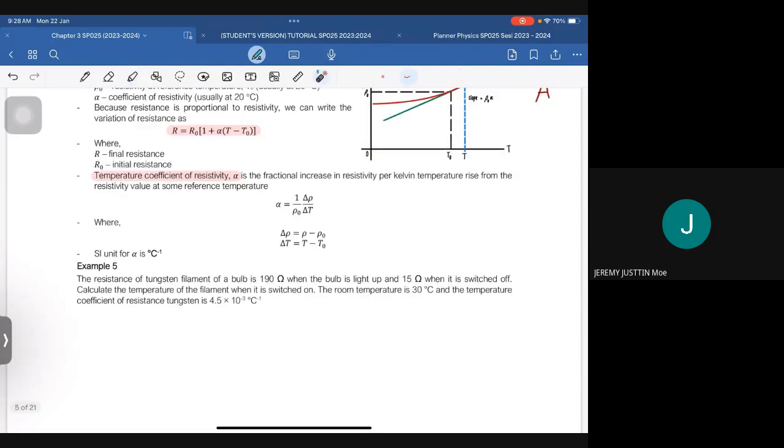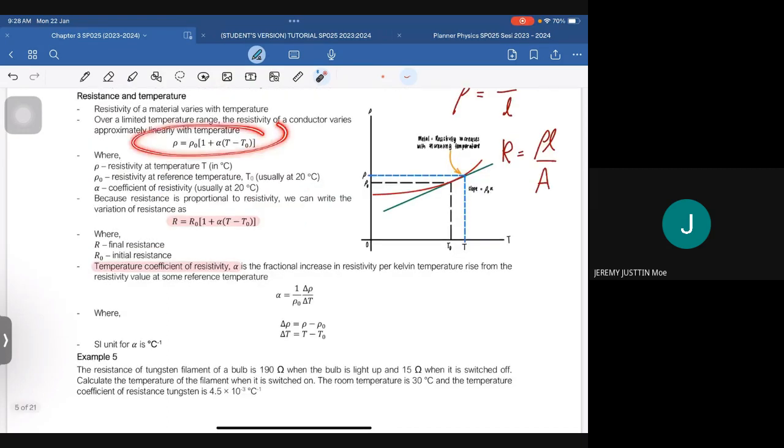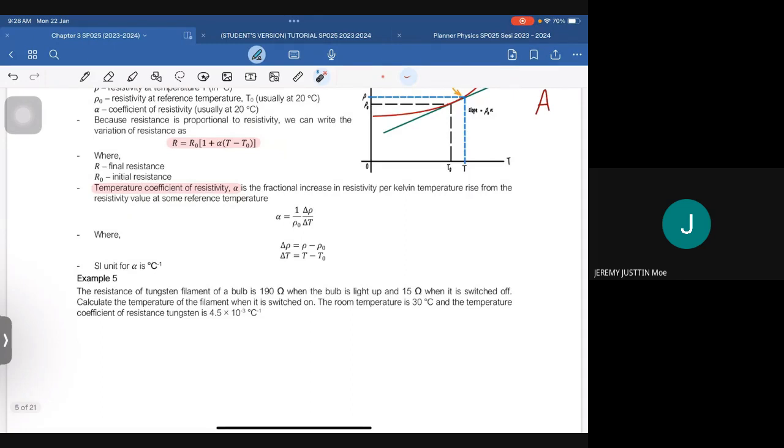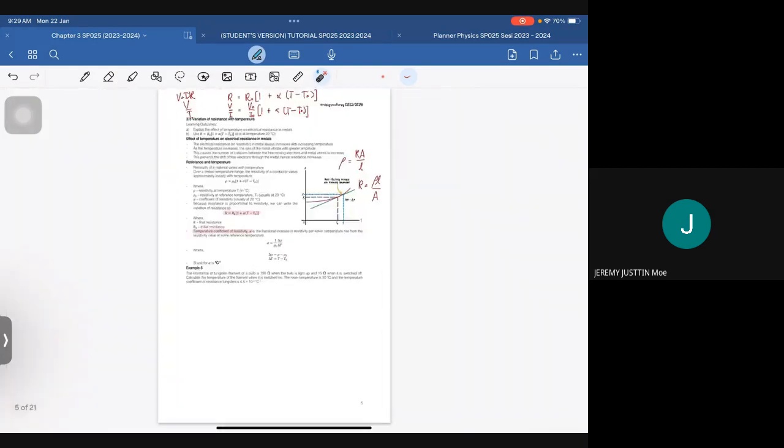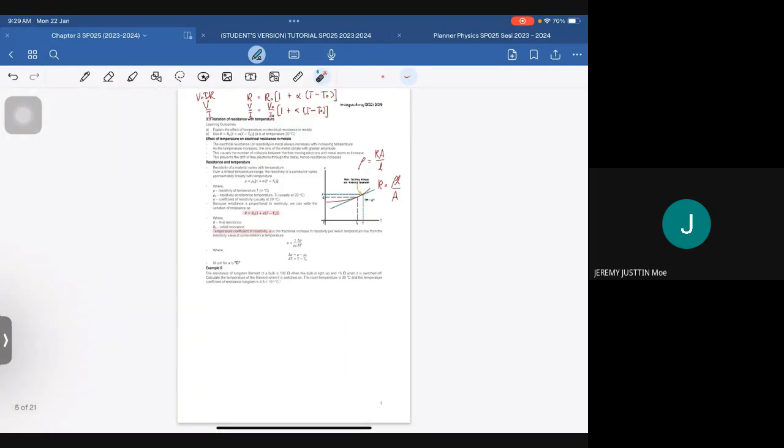And then alpha ni basically dorang rearrange dari here, dari here lah. Okay, so they define it in terms of resistivity, bukan resistance. Okay, so untuk alpha ni SI unit dia adalah per degree Celsius lah. Okay, so that's it for 3.1 until 3.3.